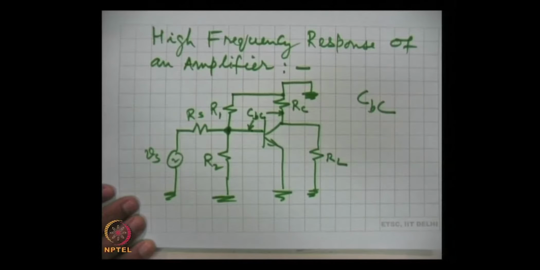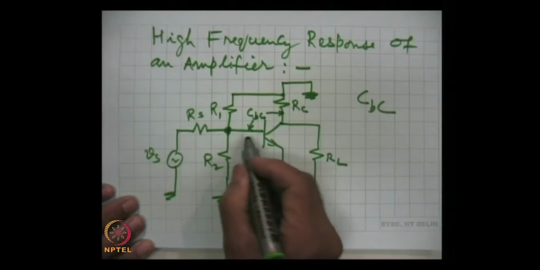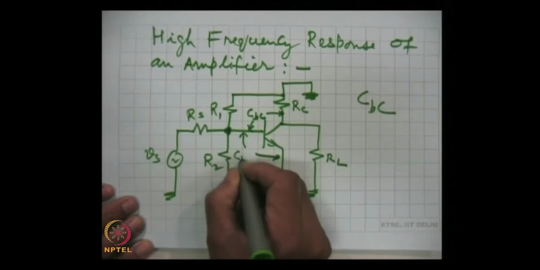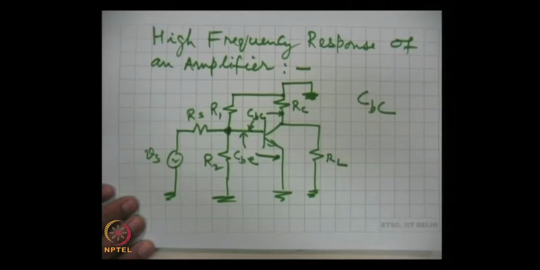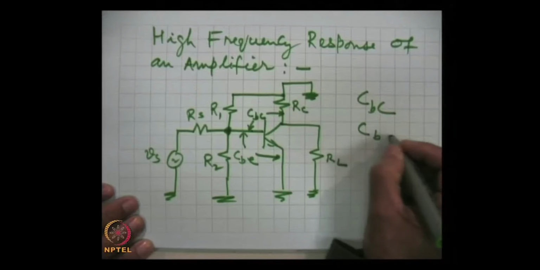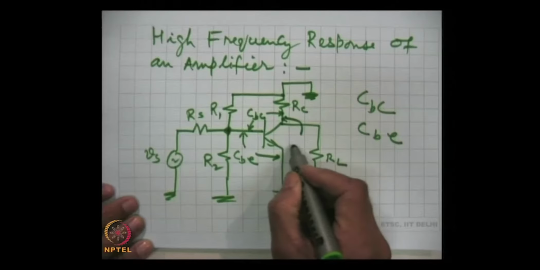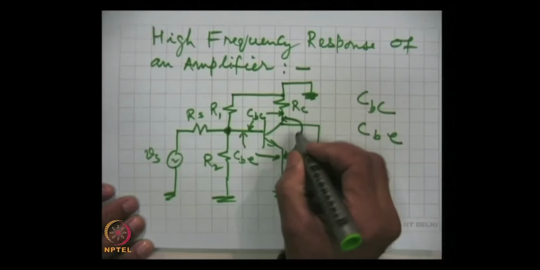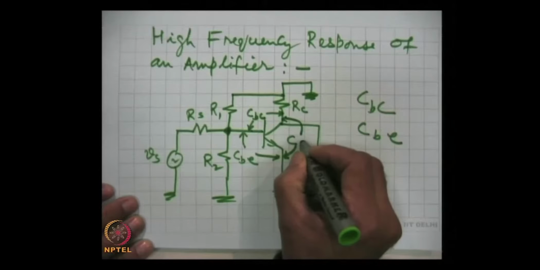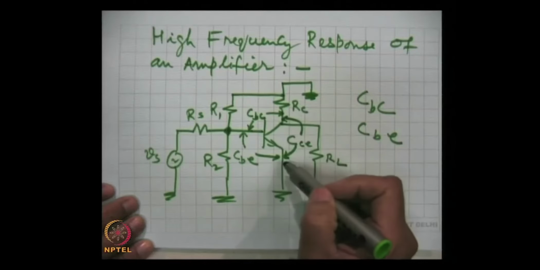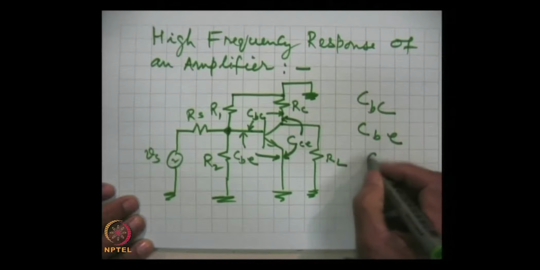CBC is the junction capacitance between collector and base, and this capacitance we call CBE, that is capacitance between base and emitter. And third one is this one, from here to here, and this we say as CCE, that means capacitance between collector and emitter.